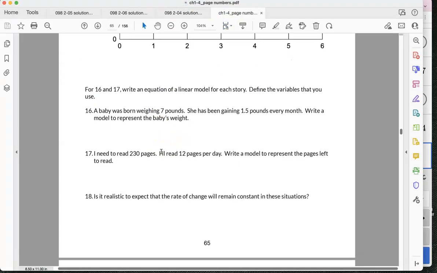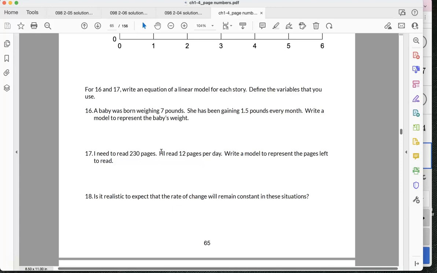I like making up little stories and then creating the equation for them. So what if a baby was born weighing 7 pounds and the baby is gaining 1.5 pounds per month? Write an equation for that story. You will need to define the variables that you're using.